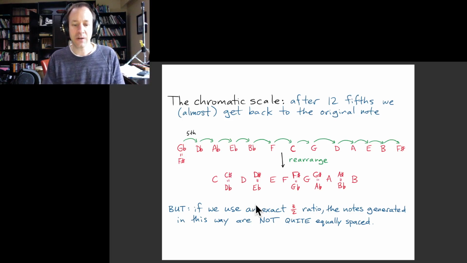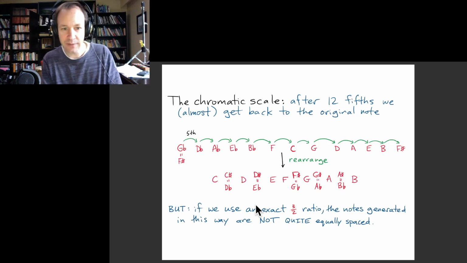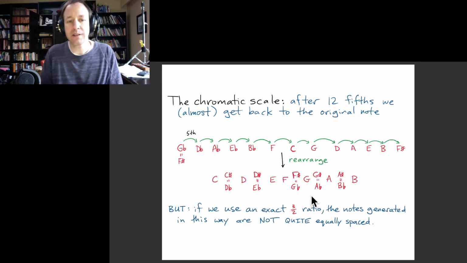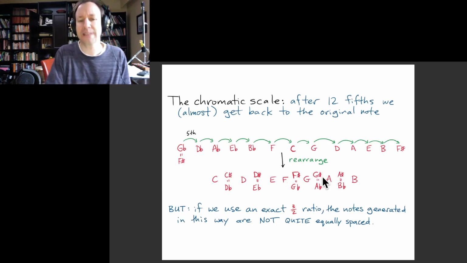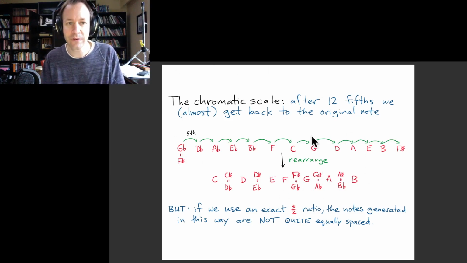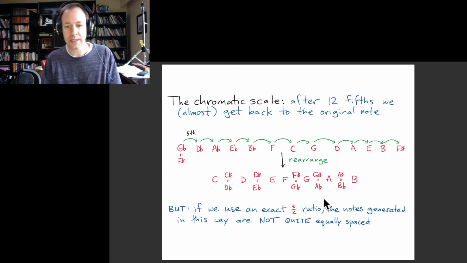And so if I were to play a specific combination of notes like C, E, G, and then move all three of those up to C sharp, F, and G sharp, it wouldn't sound the same in this version of the chromatic scale.